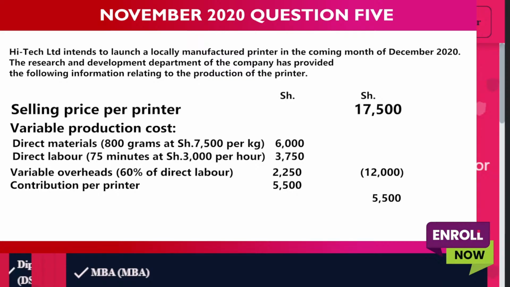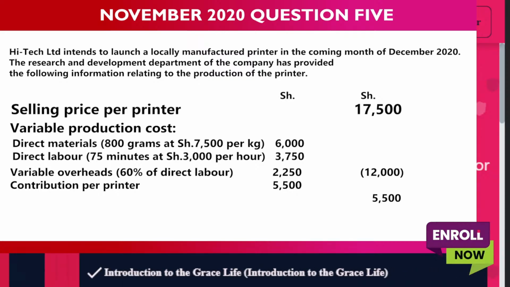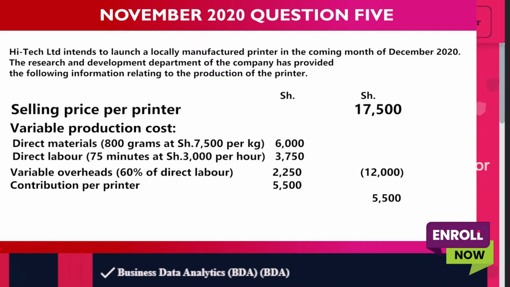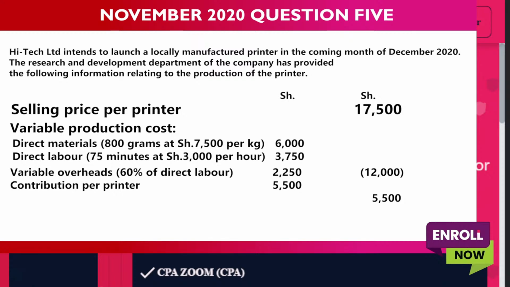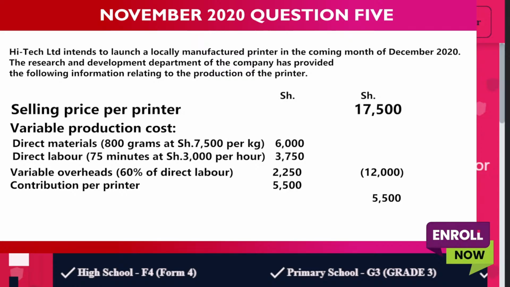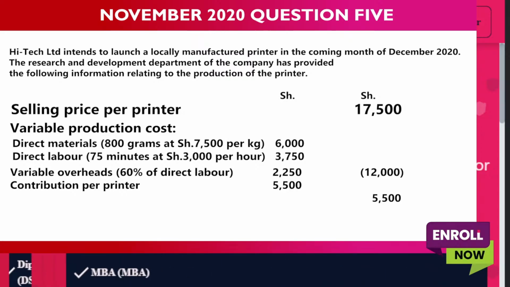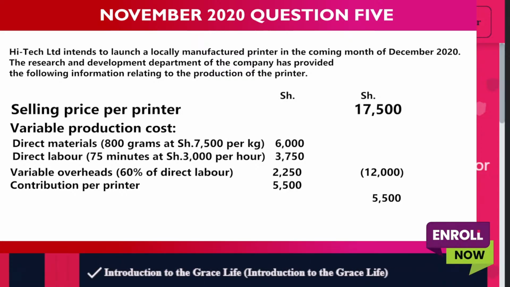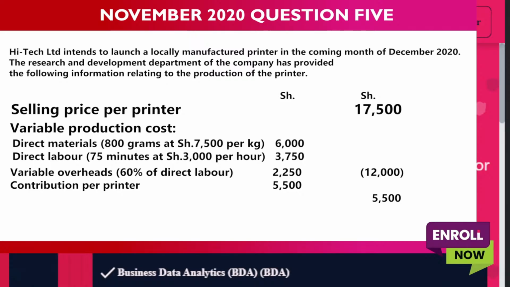You have your selling price of 17,500 per printer. Variable production cost: direct materials of 800 grams at 7,500 per kg, direct labor of 75 minutes at 3,000 shillings per hour, variable overheads of 60% of direct labor hour. Then you have your contribution per printer.